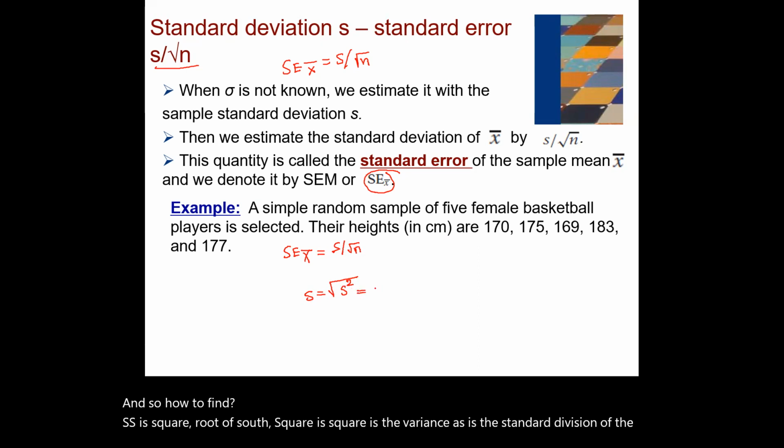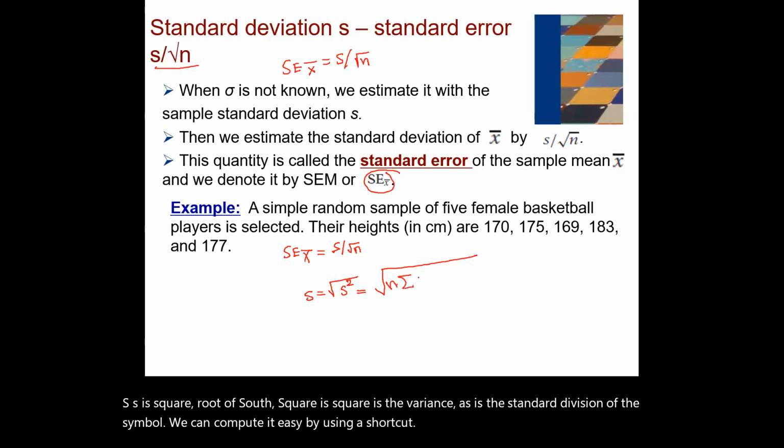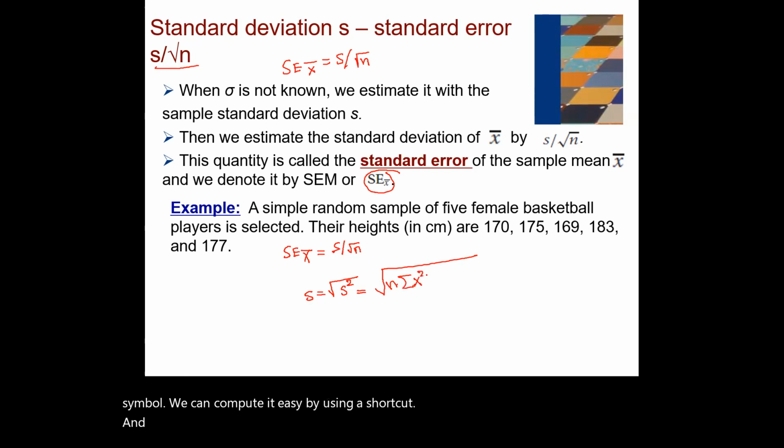We can compute it easily by using a shortcut: n times summation x square minus summation x all square, over n minus 1.